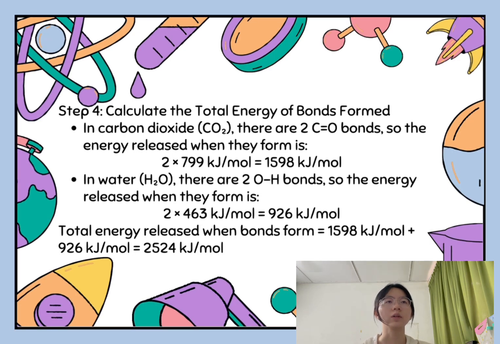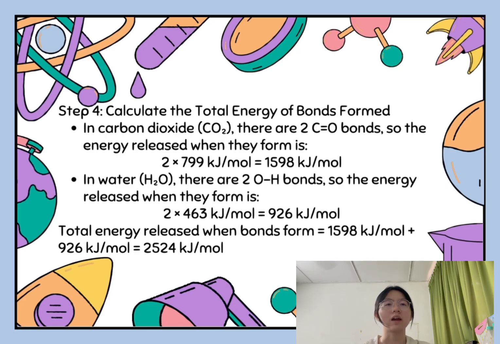Step 4, we need to calculate the total energy of bonds formed. In carbon dioxide, there are 2 CO bonds, so the energy released when they form is 2 times 799 kilojoule per mole, which is equal to 1598 kilojoule per mole.